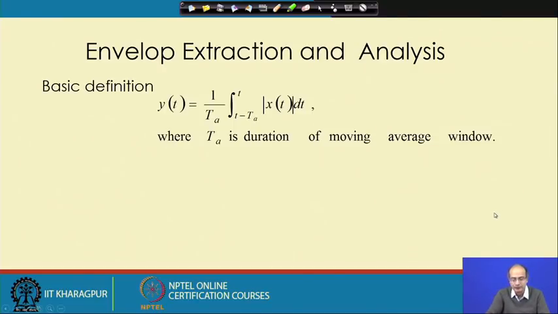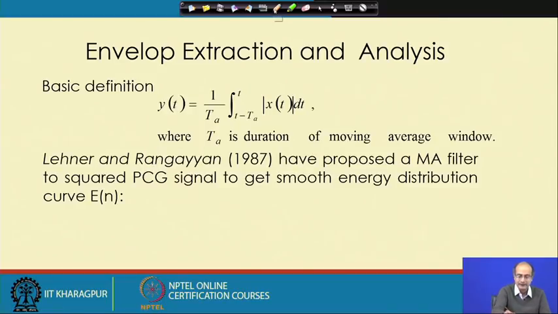From the basic definition, first we should take note of the name of who proposed this: Lehner and Rangayyan in 87. They suggested making use of the basic definition of envelope, which says we should take the absolute value of the signal, integrate it over time and take the average to get the envelope.